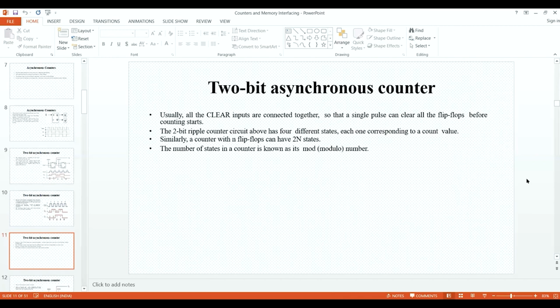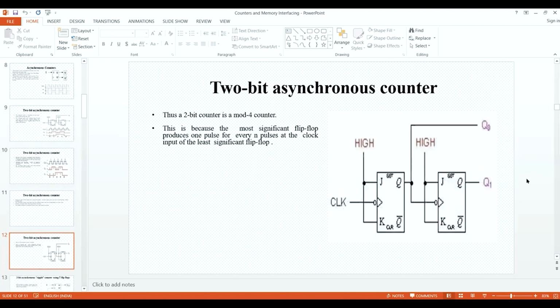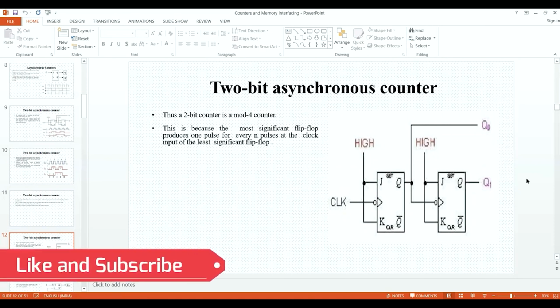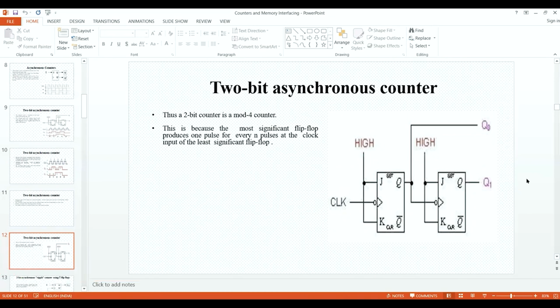And the number of states in a counter is known as the modulus. So normally we name it a mod counter. So remember, asynchronous counters are normally named mod counters. Like if I talk about a 2-bit counter, it is a mod 4 counter because the states are 4. So modulus value, please remember this, most of these questions are asked in interviews, in the Indian Engineering Services, and various engineering platforms in placement interviews.